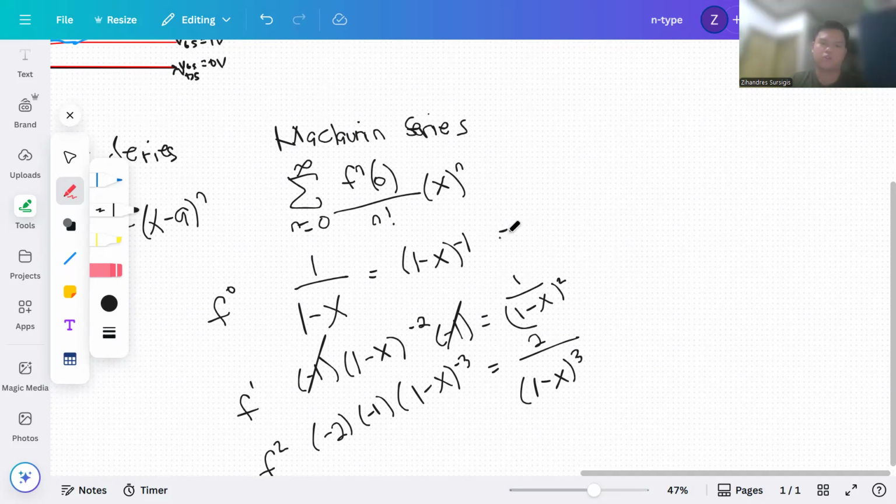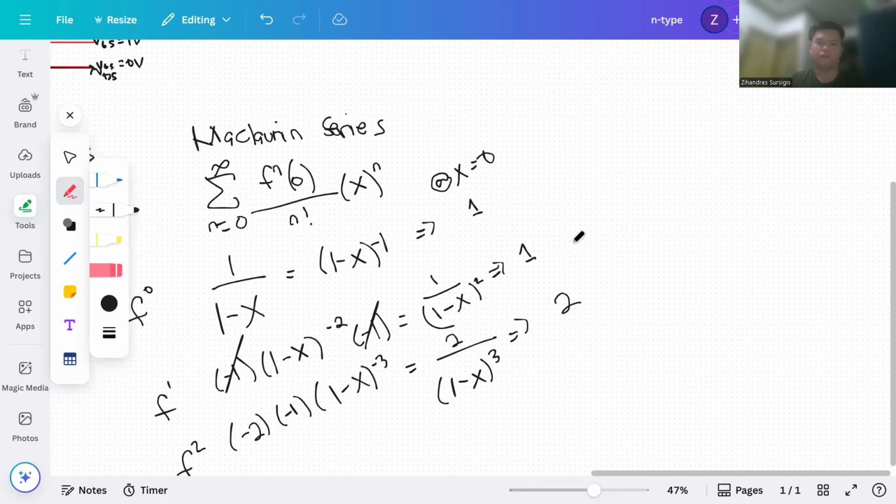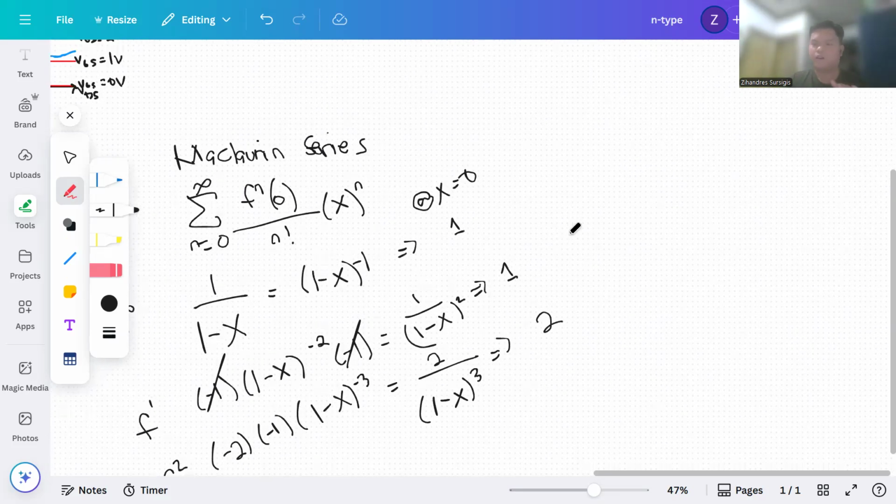So, at x equals to 0, this just becomes 1. Ito din 1. And ito ay 2. And then, hanggang second derivative lang kasi I'll show later kung bakit di ko na i-define yung mga next terms for it. So, kunin natin yung ano.